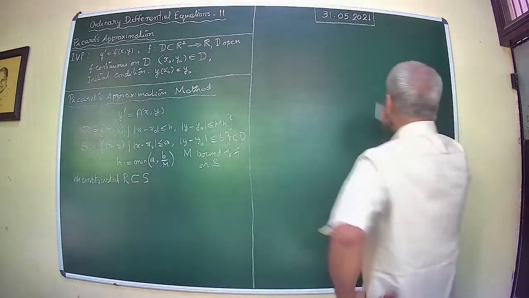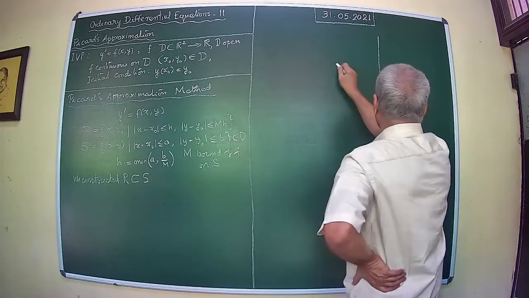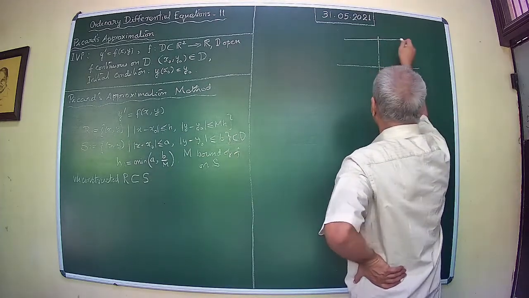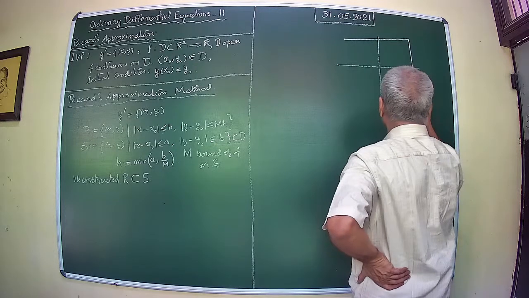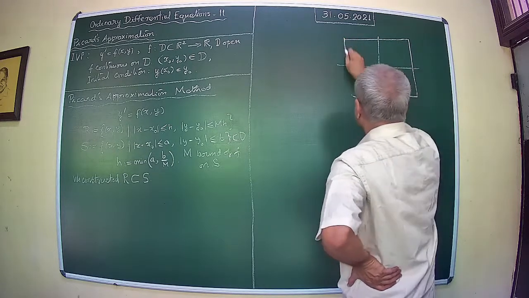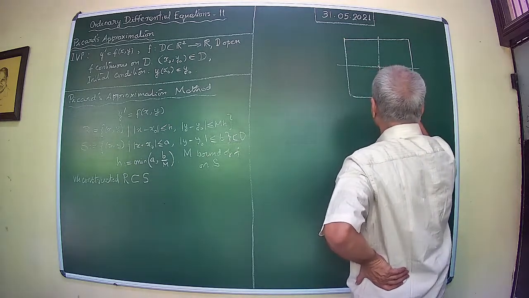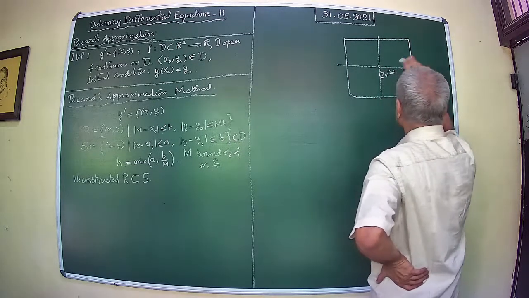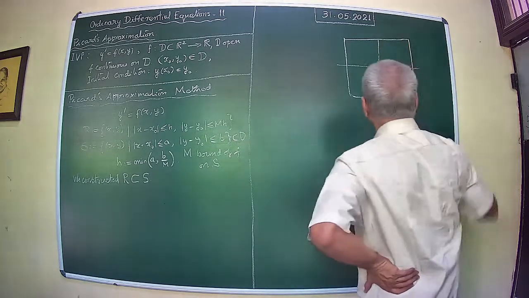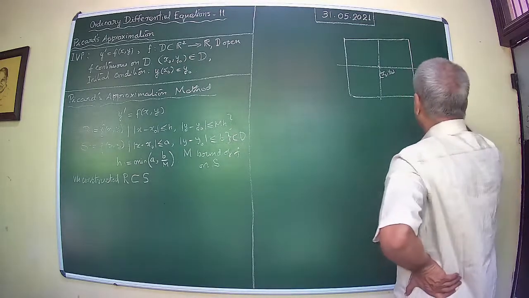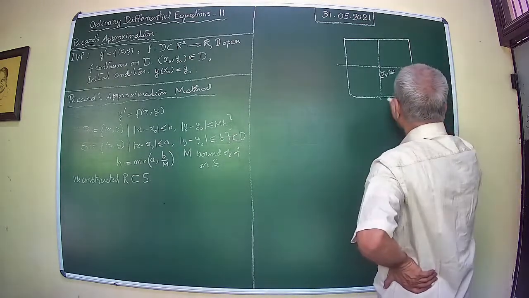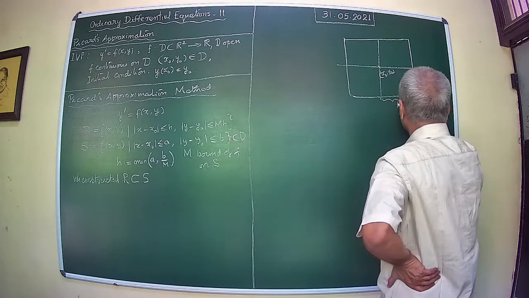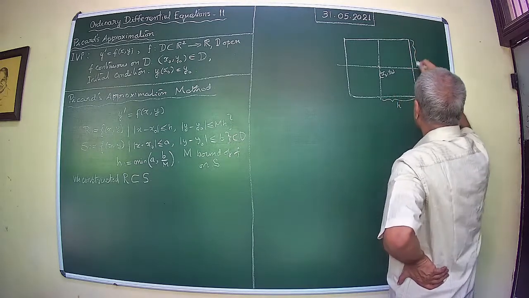Let me draw the rectangle R. This is x naught, y naught, which is the initial data, and then this is h, this is M h.